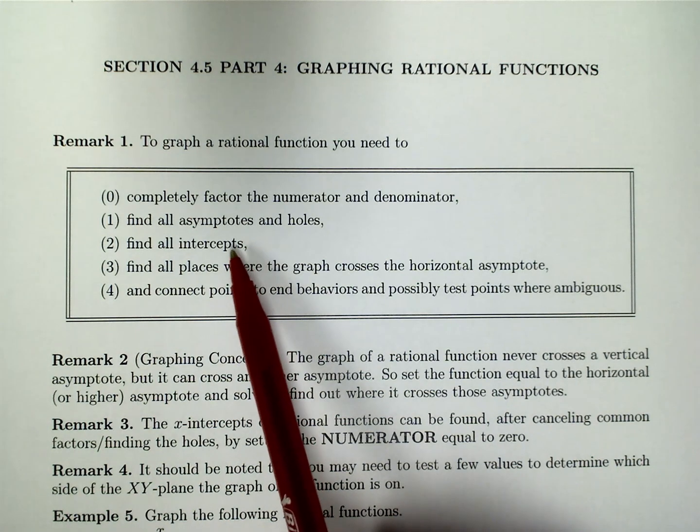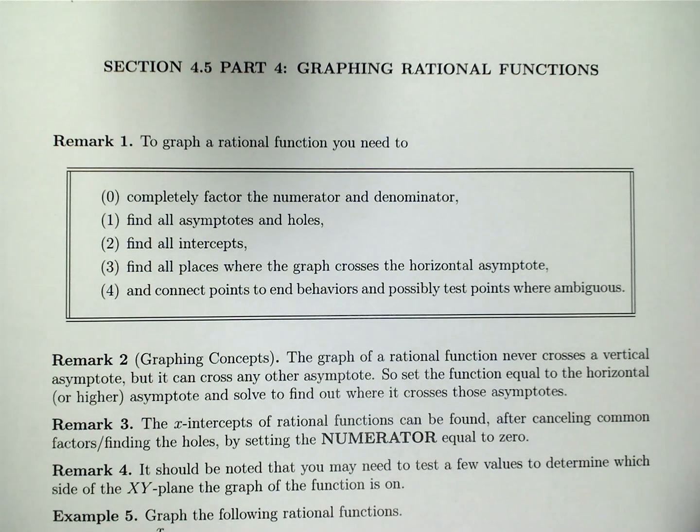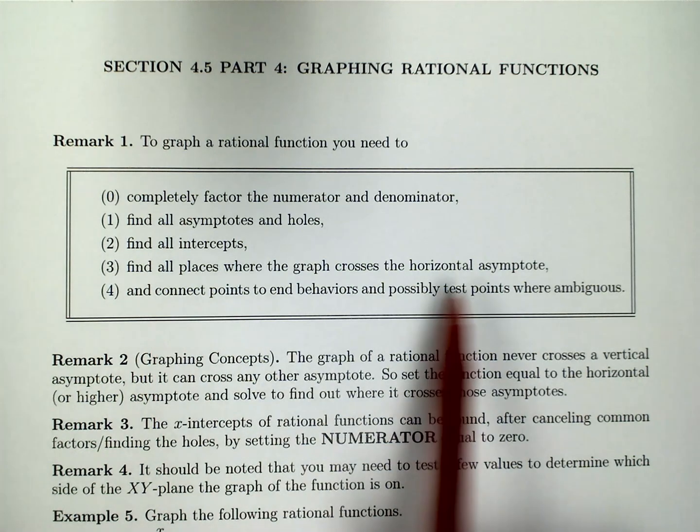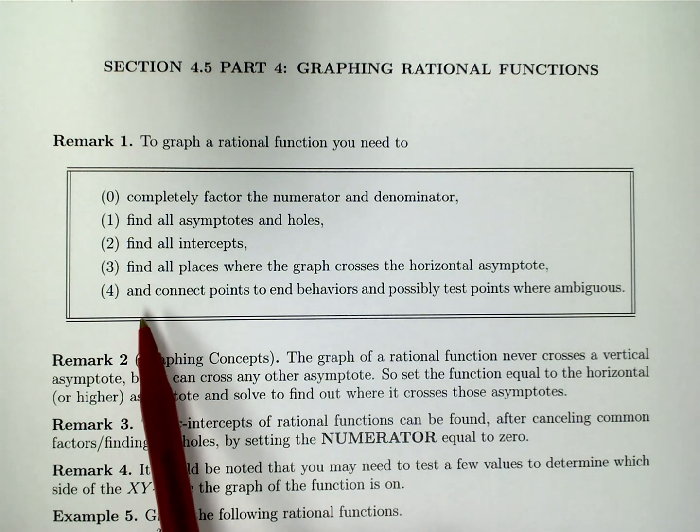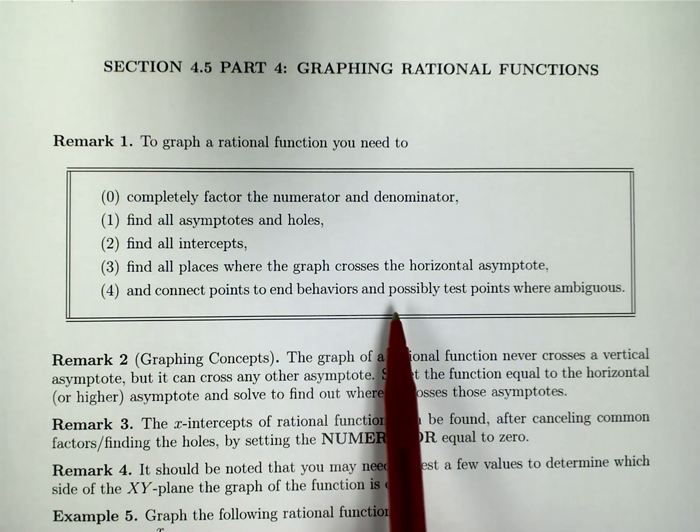Remember, for either intercept, you plug in 0 for the opposite variable you're finding for the intercept. Then, if needed, you find all places where the graph crosses the horizontal asymptote, or you should at least try it. And then you also connect points and end behaviors.